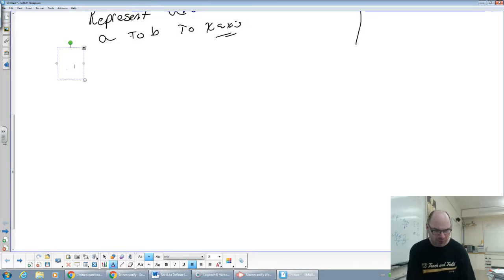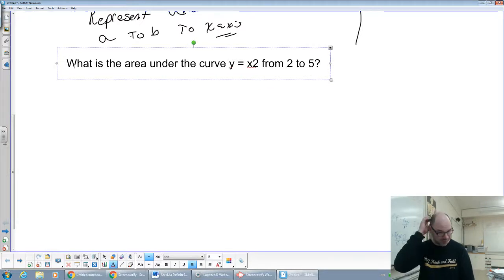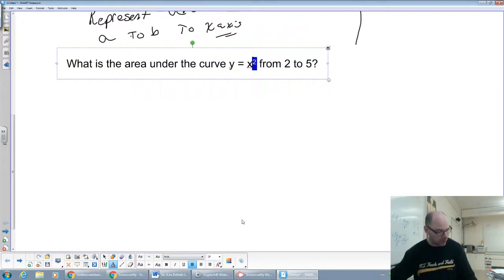Okay, so what is the area under the curve y equals x squared from 2 to 5? Okay, so let's get the squared figured out. Okay, so if I do a little sketch here.